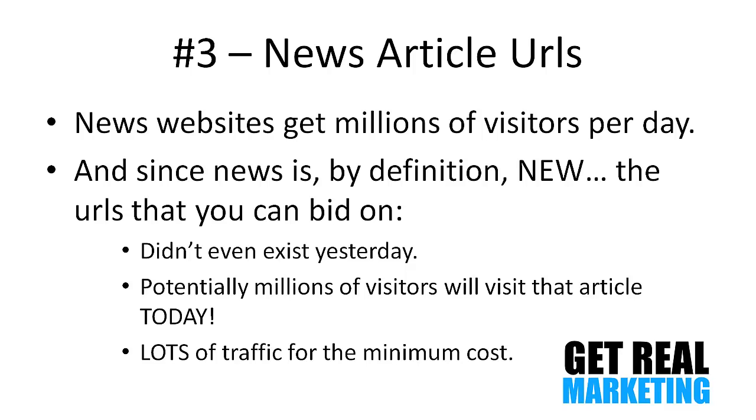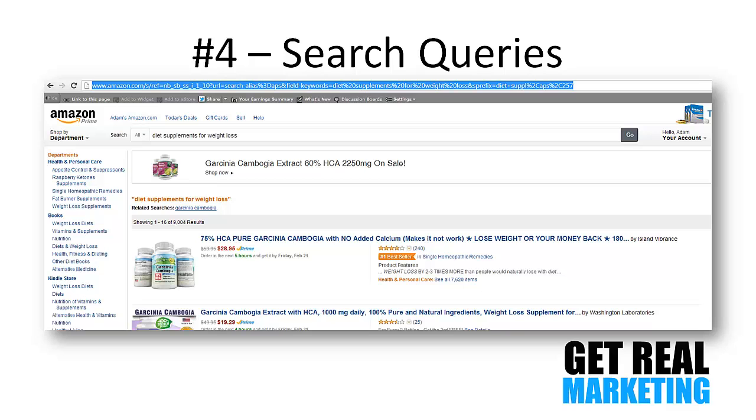And this way, you're basically bidding the minimum pop-up cost, which is around a penny a click, sometimes 1.5 cents per pop-up. And you can get a million of those a day if you wanted to, just by bidding on some of the news terms. So it's virtually unlimited traffic for the minimum amount of cost that you can get.